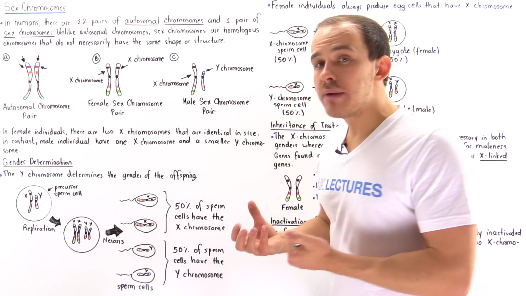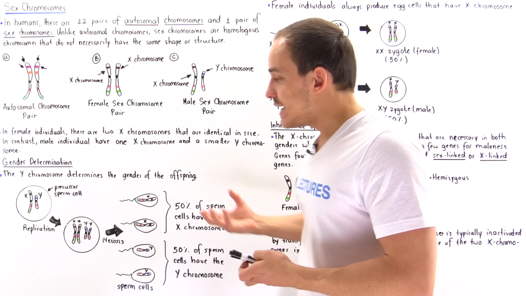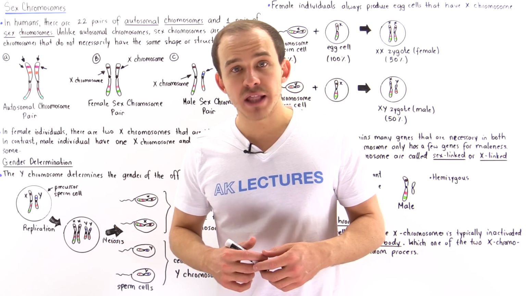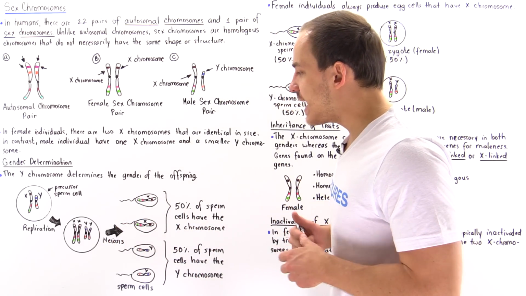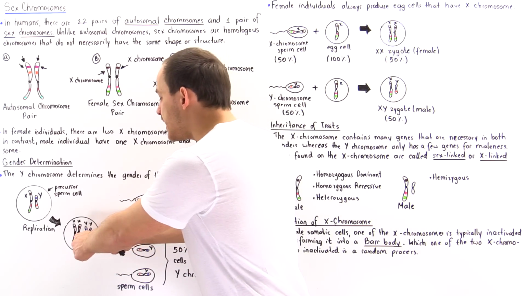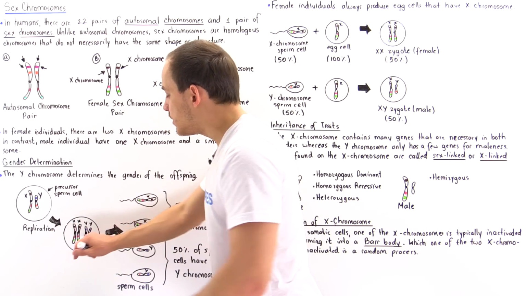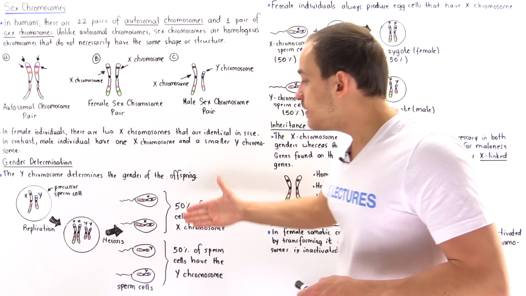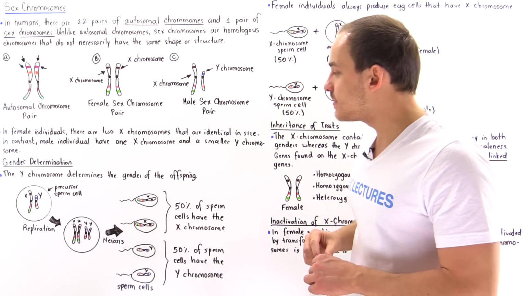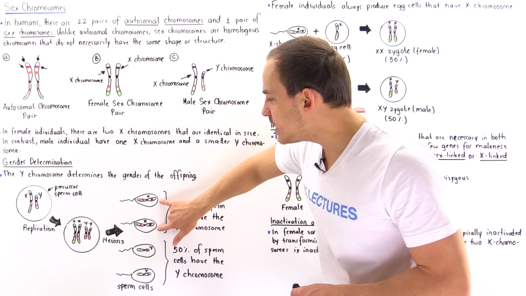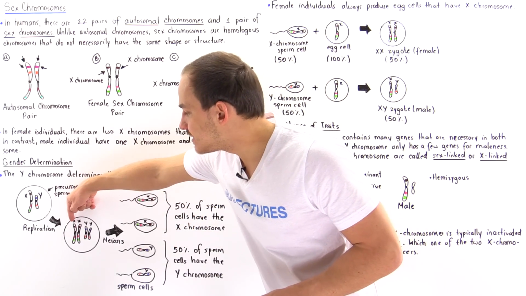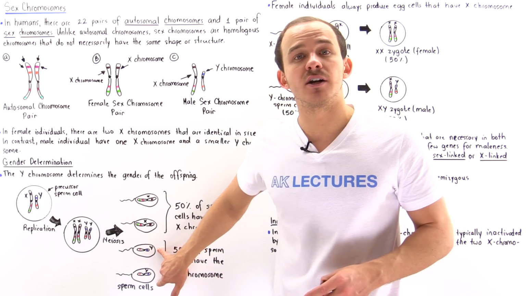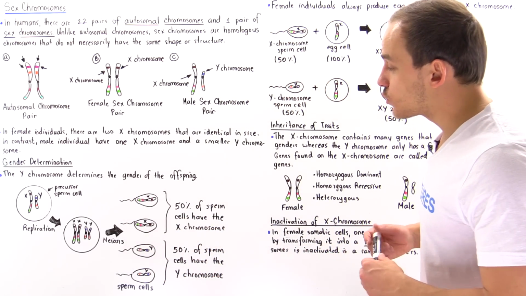Now, to form our sperm cells, the gametes, in this male individual, meiosis has to take place. When meiosis takes place, first, these two segregate, and then these two individual chromosomes segregate. At the end, we produce 4 sperm cells. Two of these sperm cells have identical X sex chromosomes, and the other 2 have identical Y sex chromosomes.